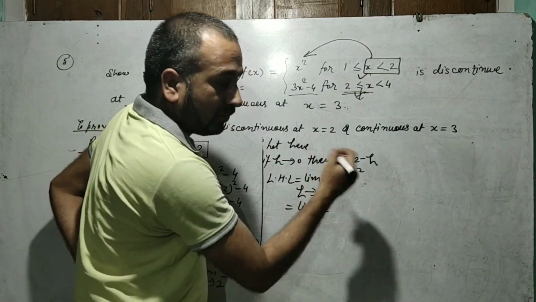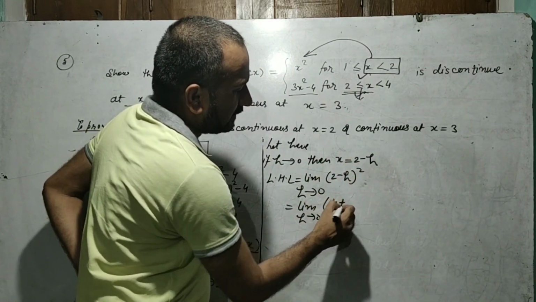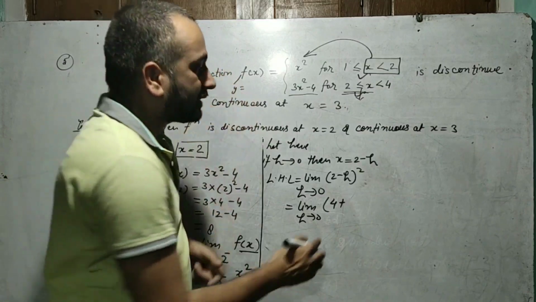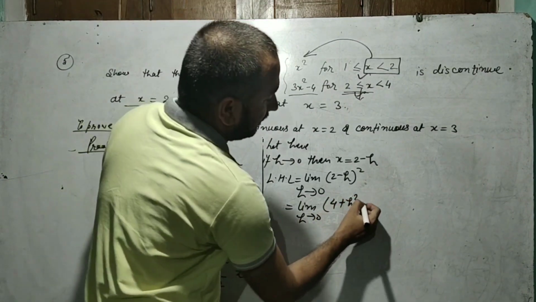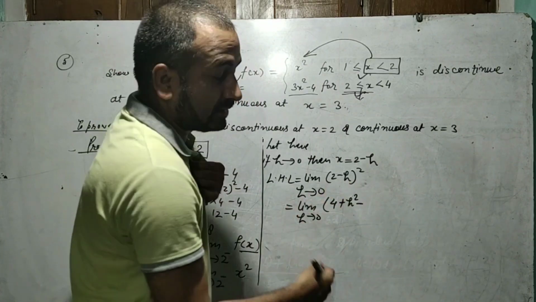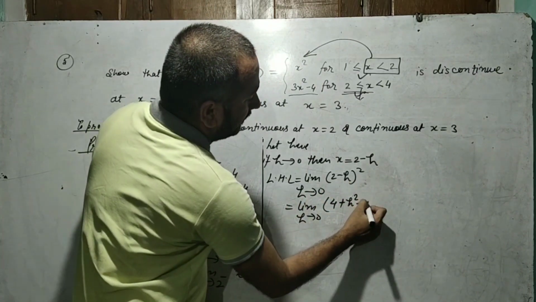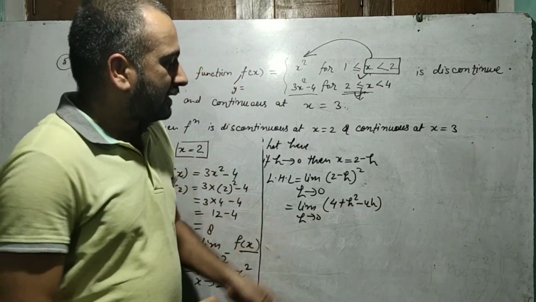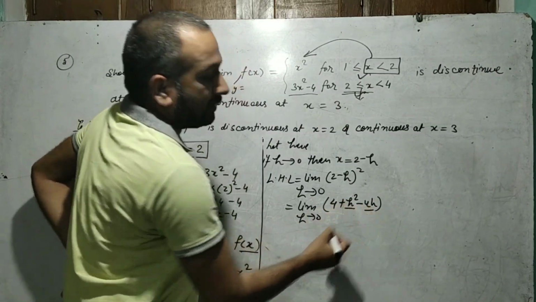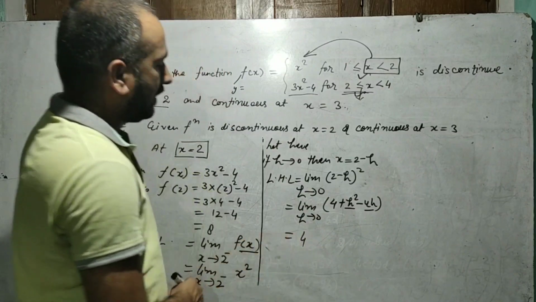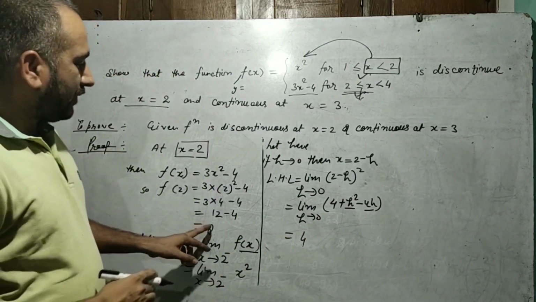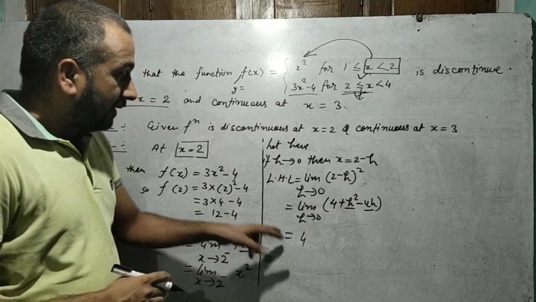So 2 square is 4, plus h square, minus 2ab, which is 4h. Students, the h square term and the 4h term will be 0 because h tends to 0. So we are getting 4. The value of the function at the given point is 8 and the left hand limit is 4.